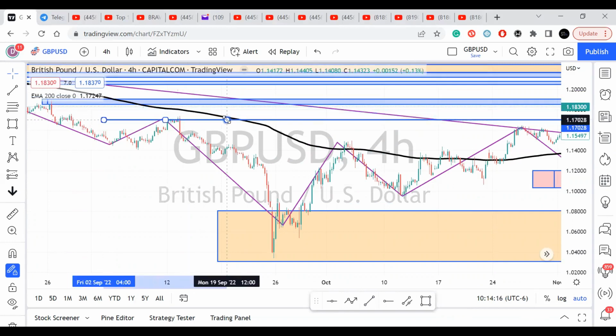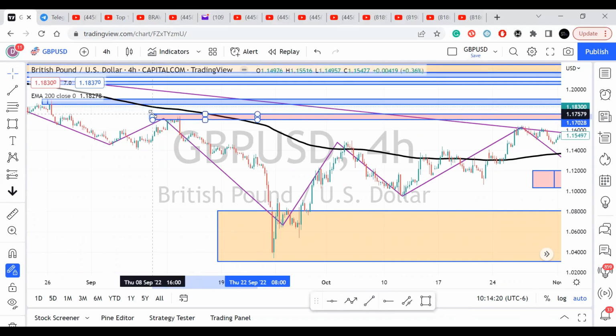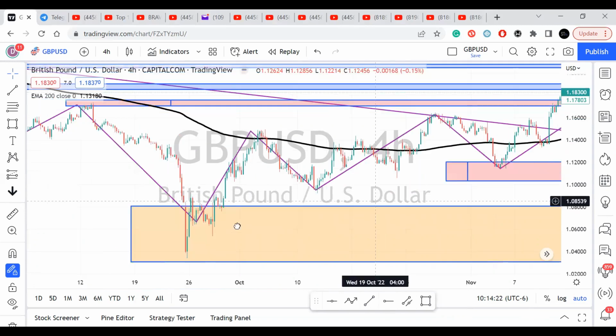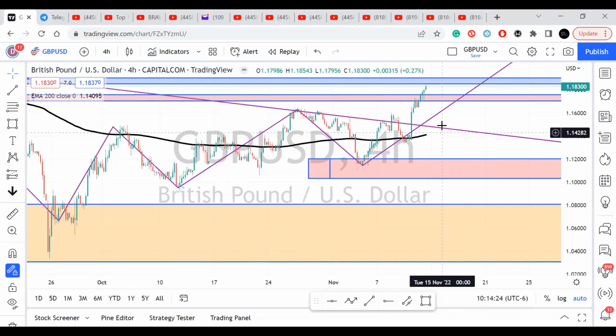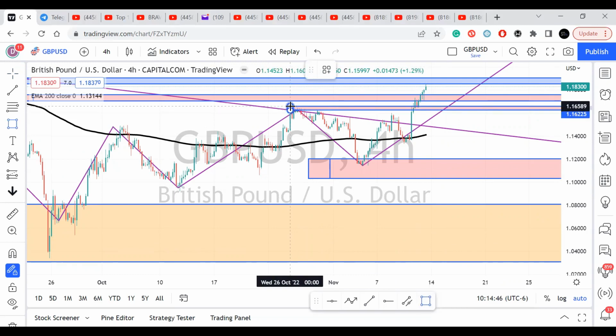So you can see that price came to this daily high, dropped to retest here. Price dropped to retest here, this region.